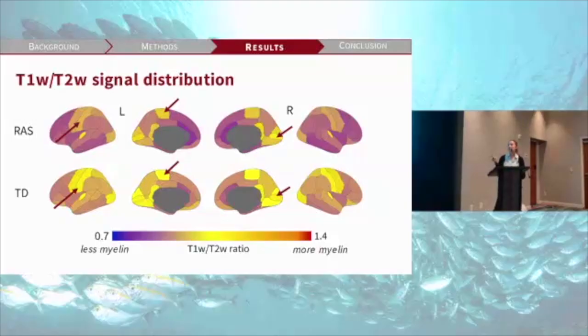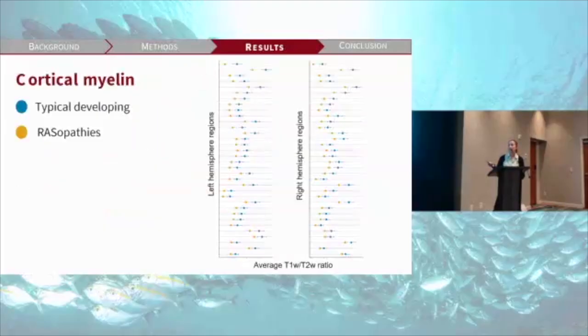The other thing that we can see here is that the typically developing brain appears to be slightly brighter or more yellow, indicating that there might be higher myelin content in the typically developing group compared to the RASopathies group. And indeed, that is what our statistical analysis showed as well.